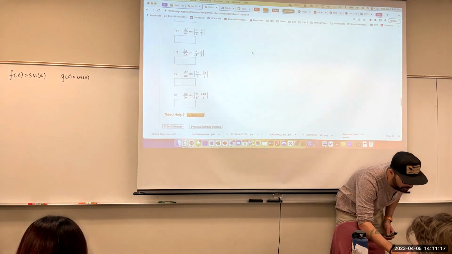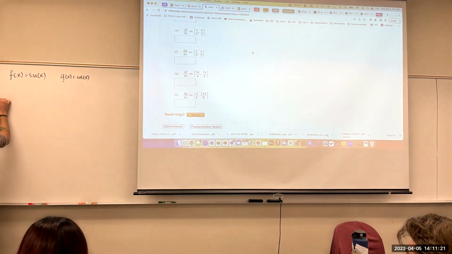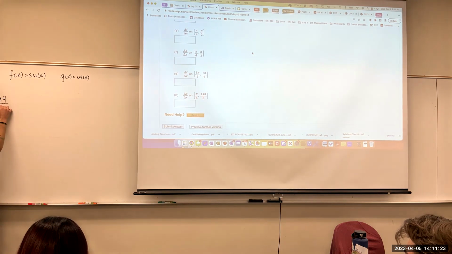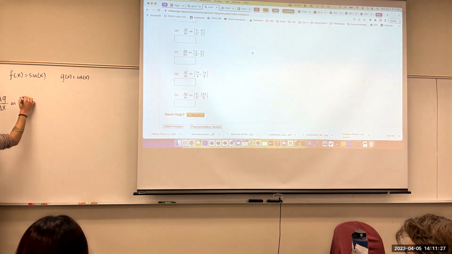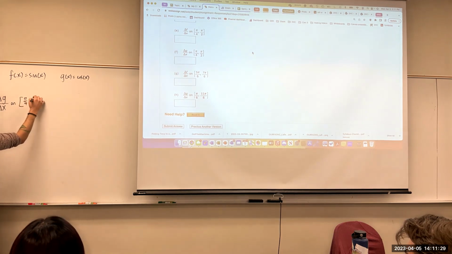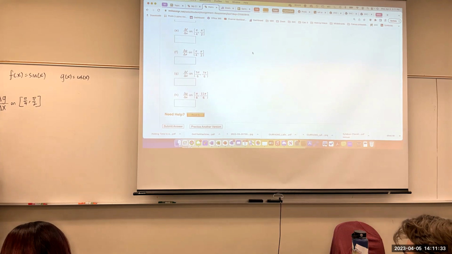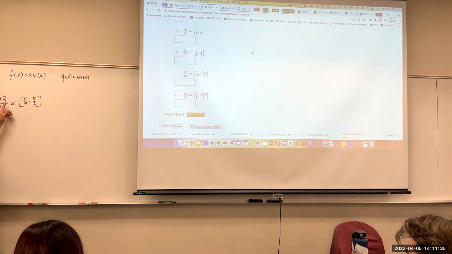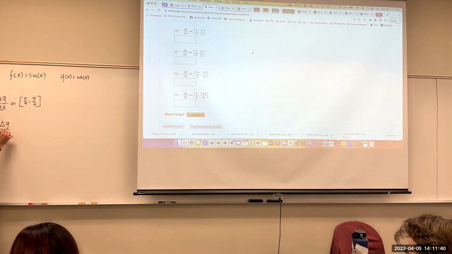So let's say they ask you for problem F. Problem F says find delta G over delta X on the interval pi over 4, comma pi over 2. Does that look right? Okay. So then what they're asking you to do is, remember, this is a difference quotient. They're saying the change in G over the change in X over this interval.